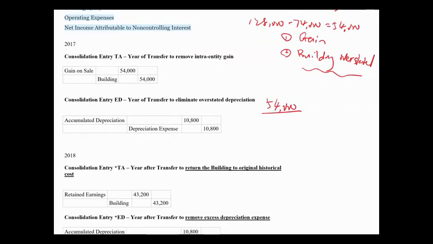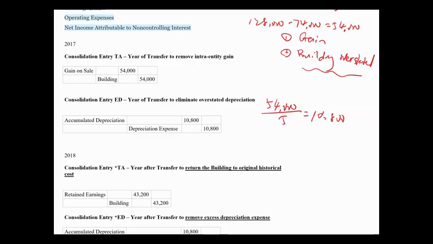So 54,000 divided by the 5-year remaining life is $10,800 annual depreciation expense. That should not be there. However, because of this intra-entity transfer, they're going to recognize more expense than they should. So we need to reverse these transactions by using this entry ED. That's why there's entry ED.